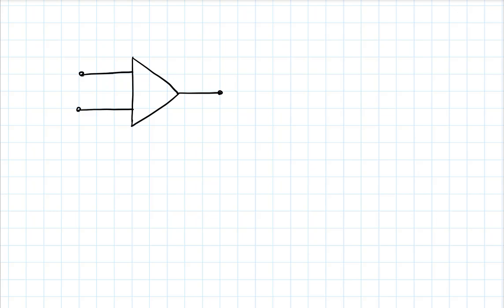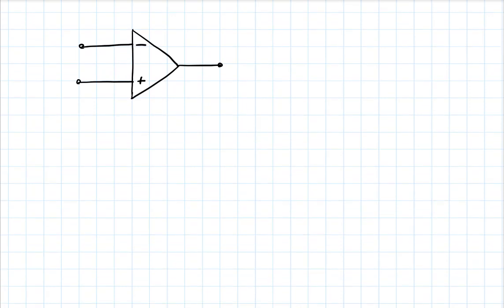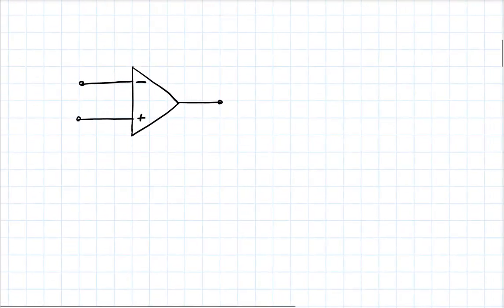So let's label these. You will see on an op-amp diagram that the 2 inputs are marked, one with a negative sign and one with a positive sign. The one with the negative sign is called the inverting input, for reasons that will become obvious later, but it has a negative sign on it, so you could make a connection.